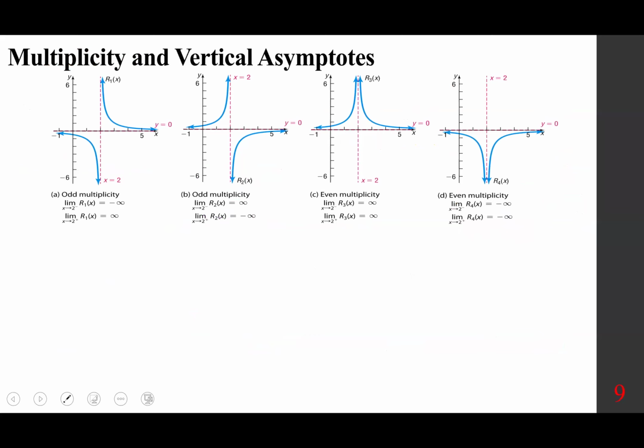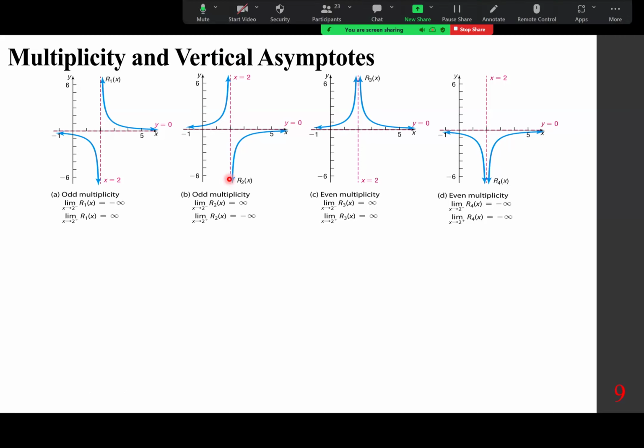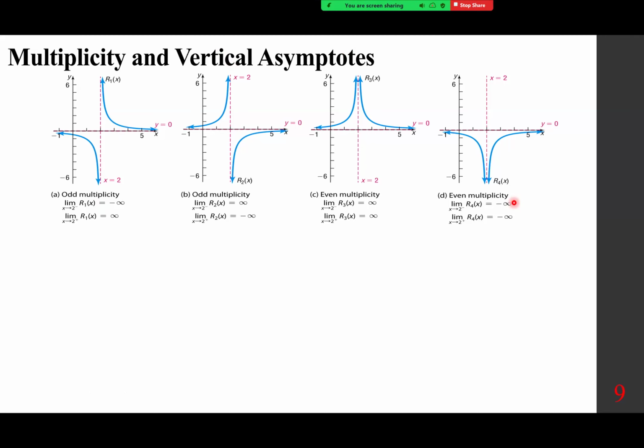All right, let's discuss multiplicity and vertical asymptotes. How do they work? As you can see, they all have a vertical asymptote at x equals 2. Looking at limits, this one as x approaches 2 from the left goes to negative infinity, and from the right goes to positive infinity.